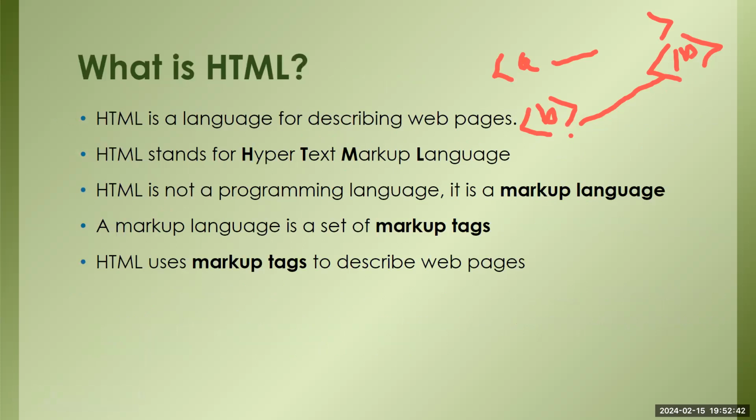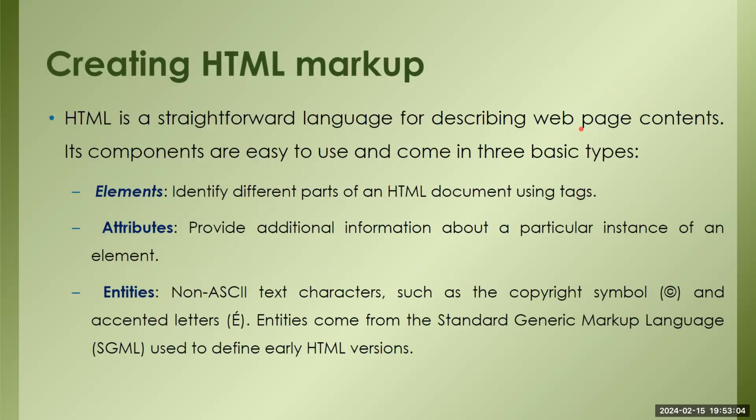These two tags, the start tag and end tag, with the text within them, all of this we call one element. That means including both the start tag and the end tag, we call it an element. Identify different parts of an HTML document using tags: where it is starting, where it is ending.